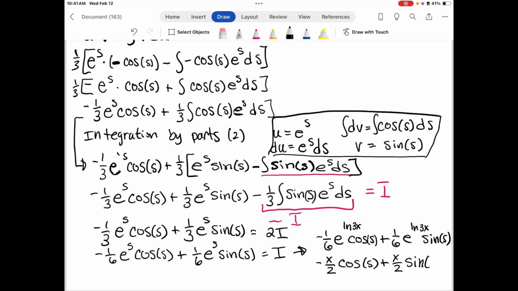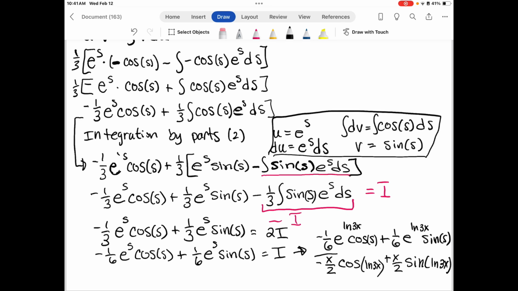I put s's in there instead of what I meant to put in there, natural log of 3x. Let me fix this one too. This should be natural log of 3x.